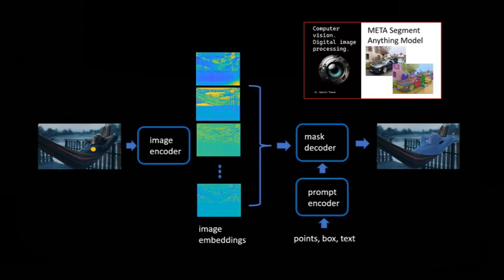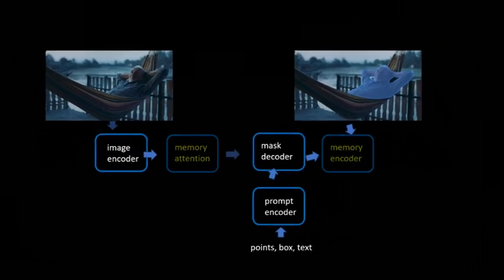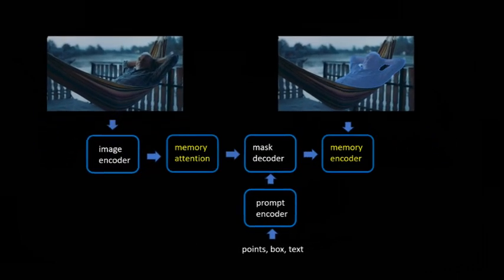Unlike the original SAM, the frame embedding used by the SAM2 decoder is not directly from an image encoder and is instead conditioned on memories of past predictions and prompted frames. It is possible for prompted frames to also come from the future relative to the current frame. Memories of frames are created by the memory encoder based on the current prediction and placed in a memory bank for use in subsequent frames.